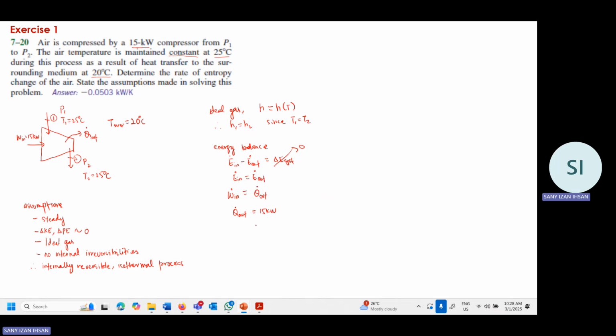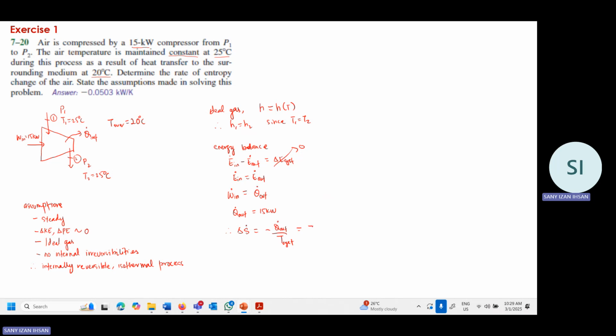So having that value, finally we can solve. We are asked to find the rate of entropy change. Therefore, the change of S dot equals minus Q dot out over temperature of the system. Negative indicates that heat is going out, so entropy will move out from the system.